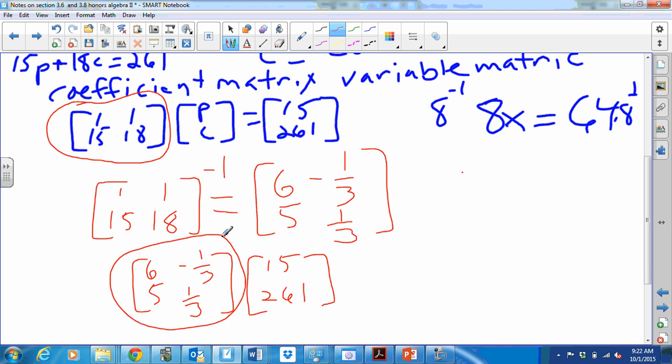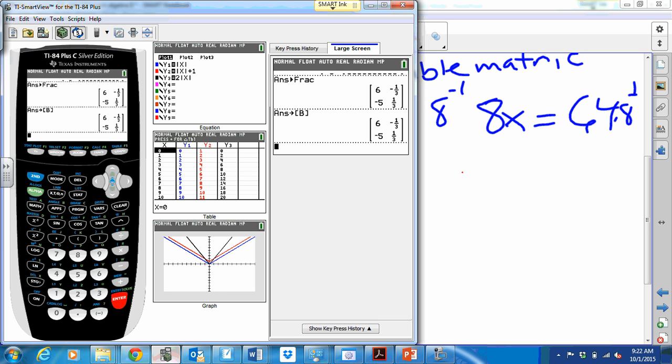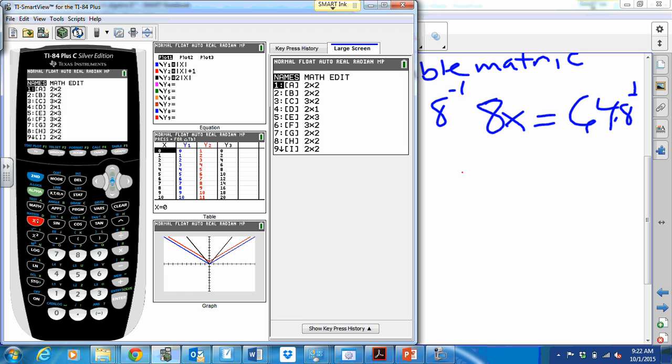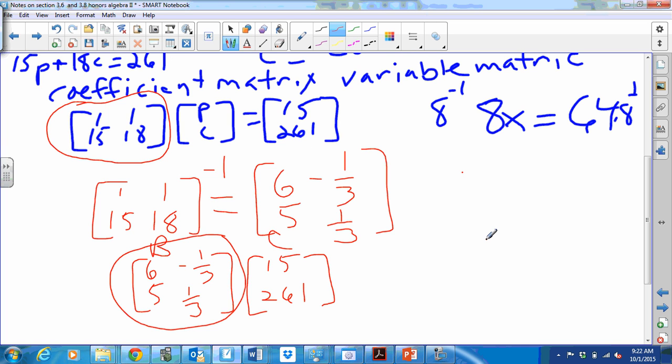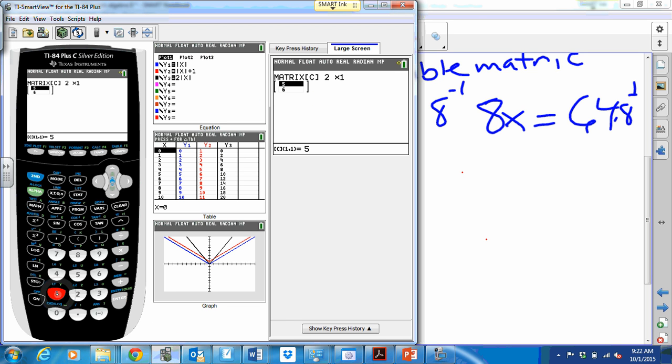Then we're going to get our answer. So I saved this one in matrix B in my calculator. I'm going to put this one in matrix C. It's going to be a 2 by 1, and the numbers are 15 and 261.